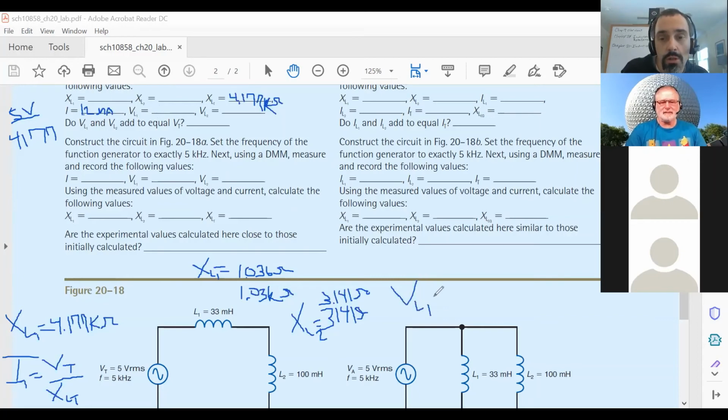VL1, that's just your current total times your XL1.